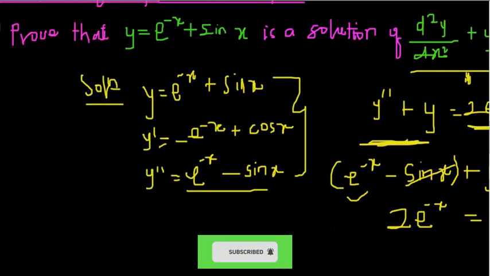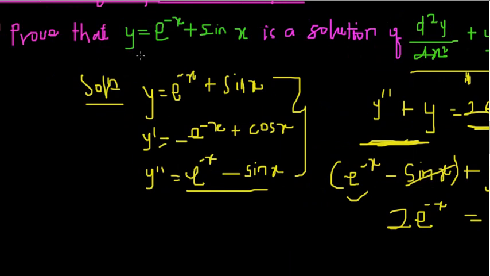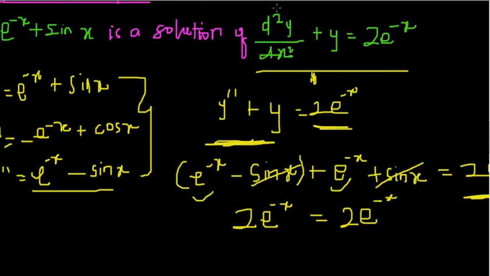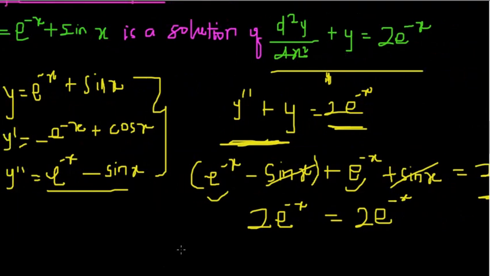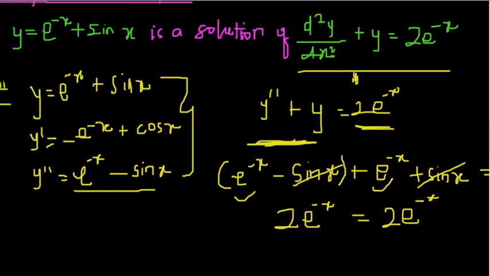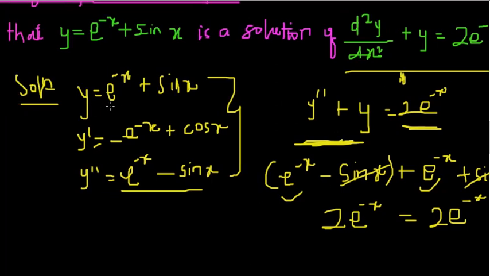So we have to prove that y equals this expression is a solution of this expression. All you have to do is first take the second differential, so you differentiate 2 times. This is the y expression. You first take your first differential, you get this plus this, then you take the second differential of y prime. You are not taking the second differential for y, you are taking it for y prime.